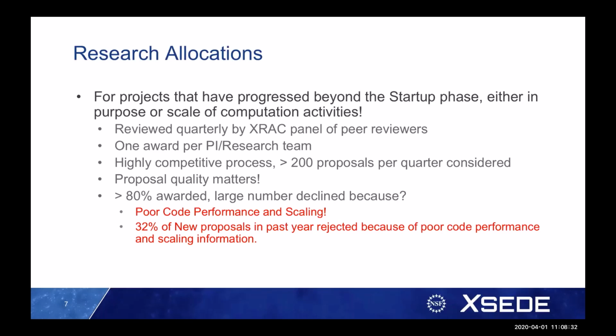But the ones that are declined have poor code performance and scaling information. We checked proposals from the past year that were declined: 30% of the new requests that were rejected were rejected because of poor code performance and scaling information. So that's why we are here.